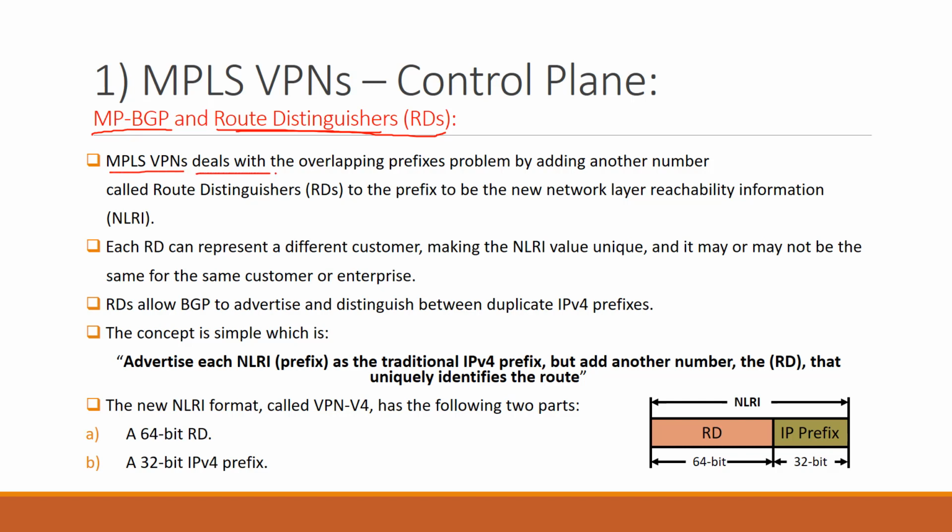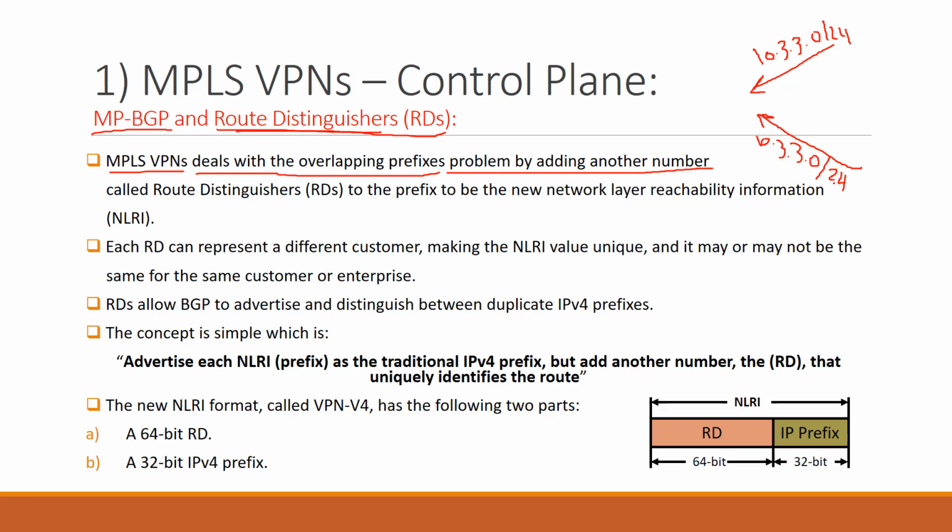Actually, MPLS VPNs deal with the overlapping prefixes problem by adding another number, because as you can see, it received from CE1-P 10.3.3.0/24, and it received from customer edge 2-P 10.3.3.0/24.